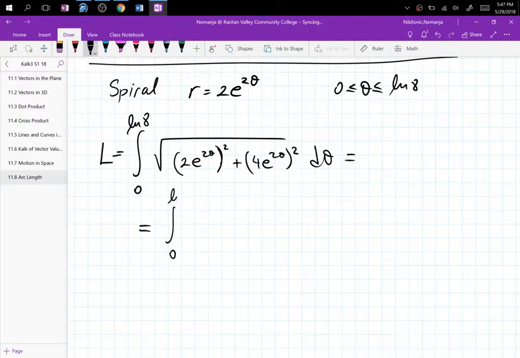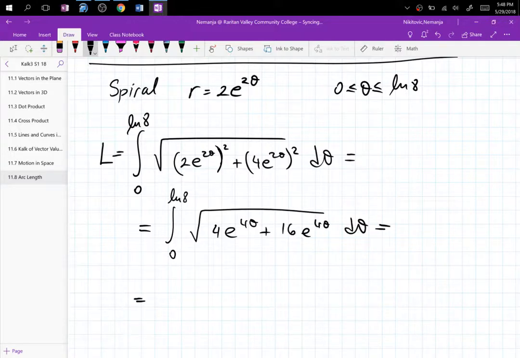So 0 to ln 8. Under the square root, I have 4e to the 4 theta plus 16e to the 4 theta d theta. 0 to ln 8. This is going to be the square root of 20 e to the 4 theta d theta.